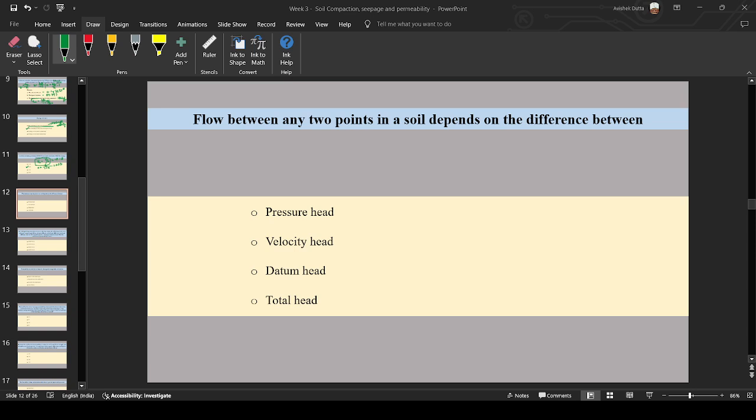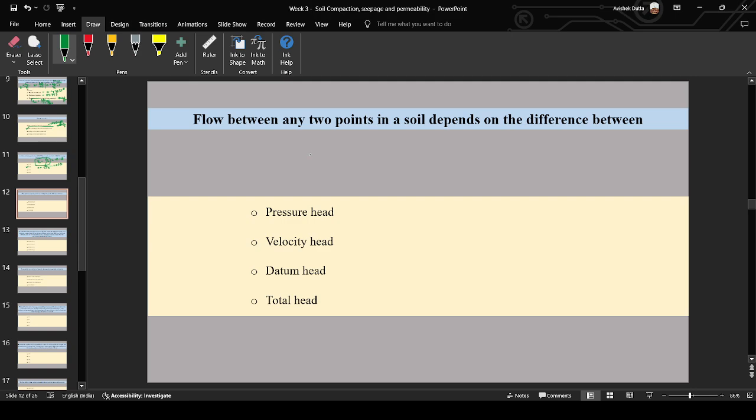When water is flowing through a soil mass, pressure head is the head created because of the pressure of water. Velocity head is due to the velocity, the kinetic energy, and datum head is the head due to the elevation or the position above the datum or the sea level.